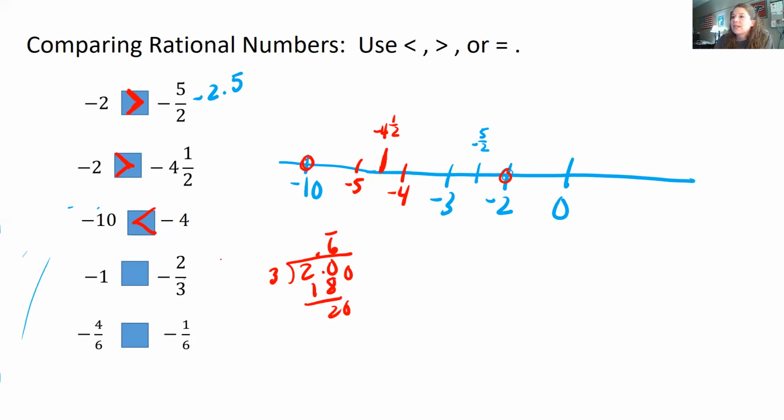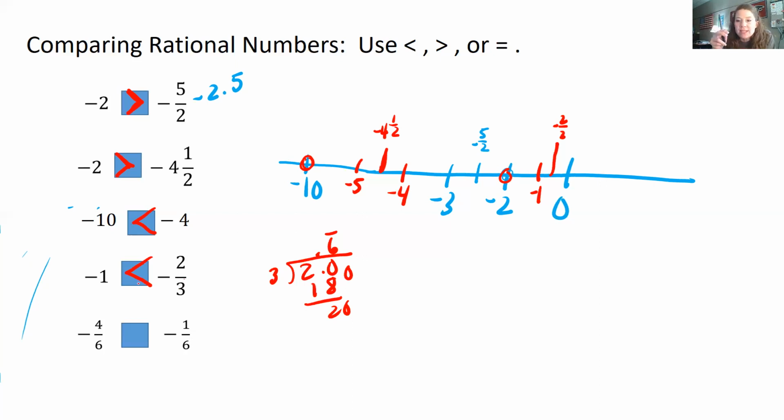Right, so -1 would be about right here, and -2/3 is going to be here. So since -1 is farthest left, -1 is less than -2/3.